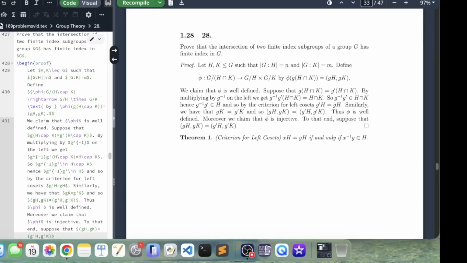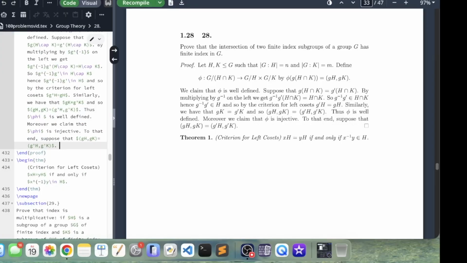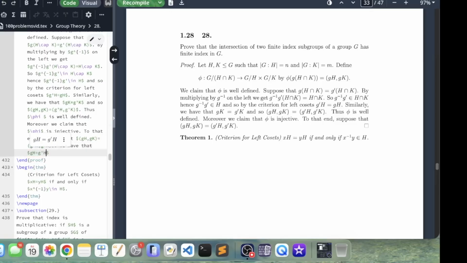Okay, let's see how this looks. Because this is component-wise, we have that GH is equal to G prime H. Hence, we do what we did before.